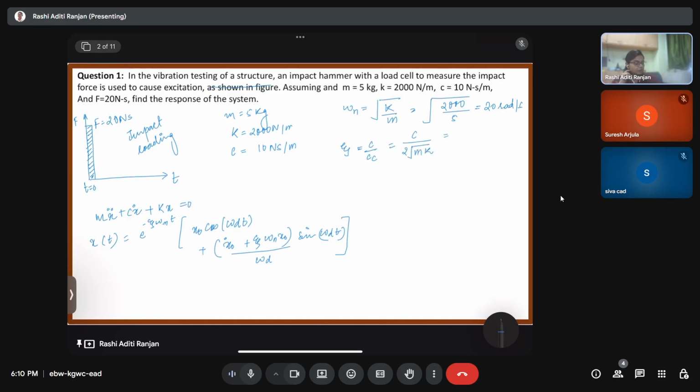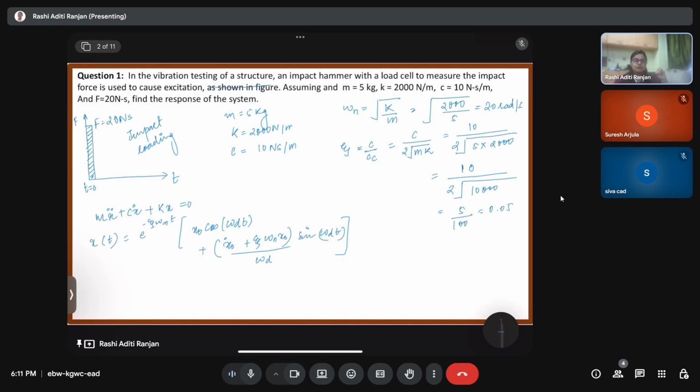When we put these values in, we get 10 by 2 times under root of 5 times 2000, that is 10,000, which is 5 by 100, so 0.05.